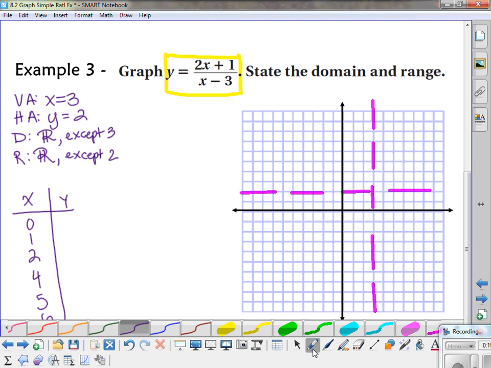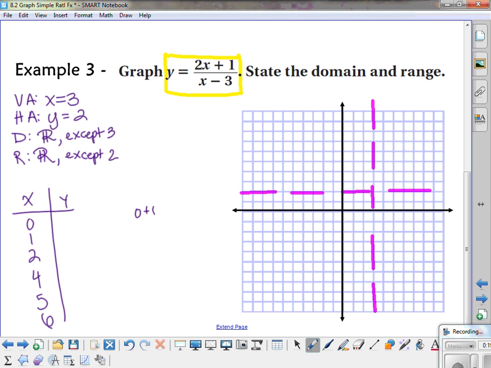So then it's just a matter of plugging in those numbers. So 2 times 0 is 0, so I have 0 plus 1 over 0 minus 3. That's just negative 1/3 or negative 0.3. And if I plug in a 1, I'm going to have 2 plus 1 over 1 minus 3. So that's 3 over negative 2. So negative 3 halves, or negative 1 1/2.